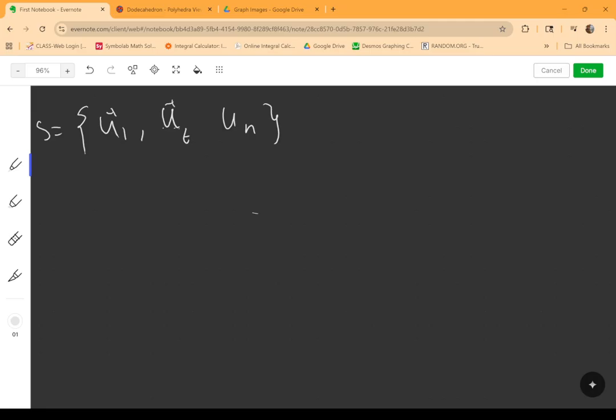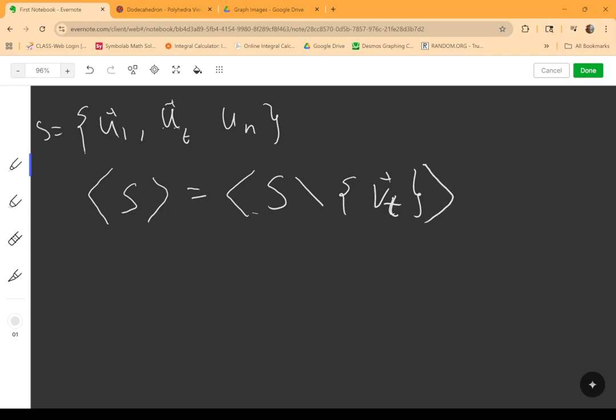So what I'm going to set out to do is show that the span of S is equivalent to the span of S minus the vector ut that can be written as a linear combination of the other ones. Now, a couple things to look out for when given a set of vectors and you want to determine whether they are linearly dependent or not.